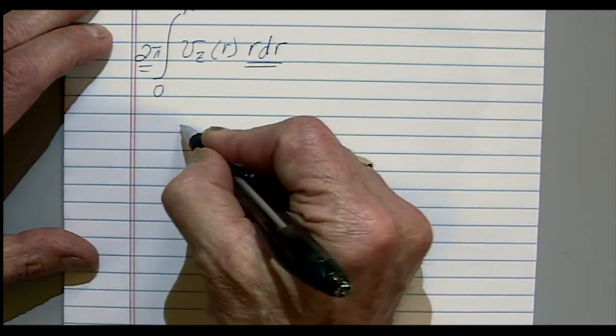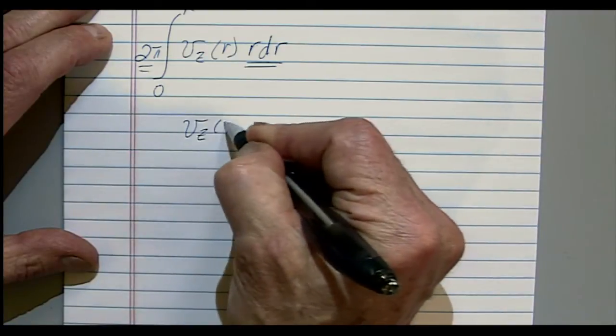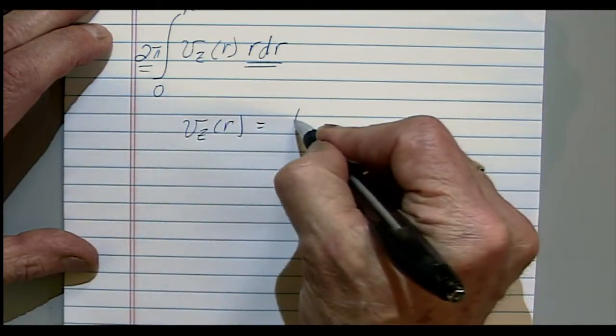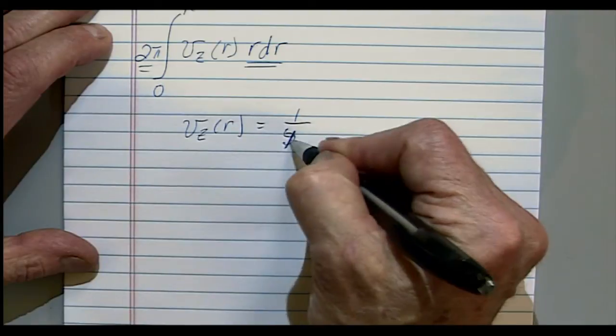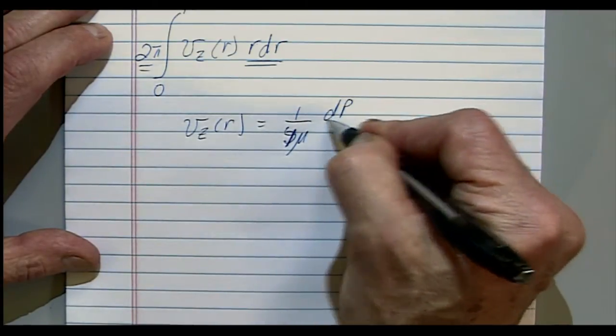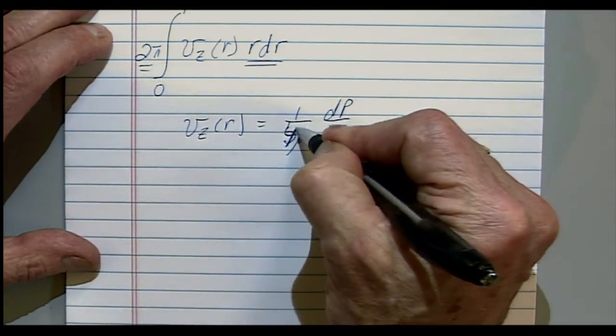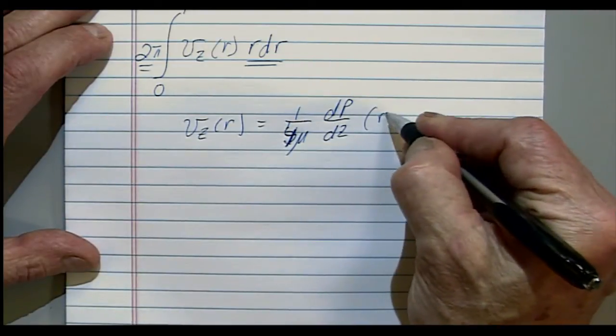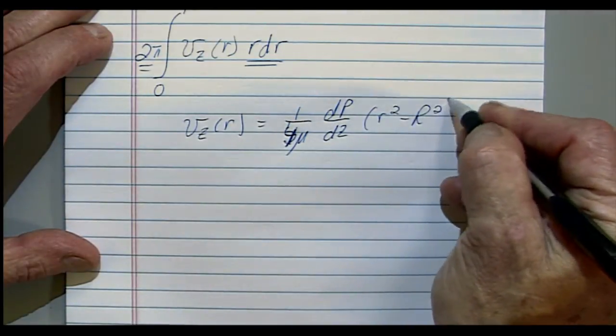Okay, and if we do that, when we plug our velocity term back in, velocity as a function of r looks like 1 over 4 times the viscosity times the pressure gradient times little r squared minus big R squared.